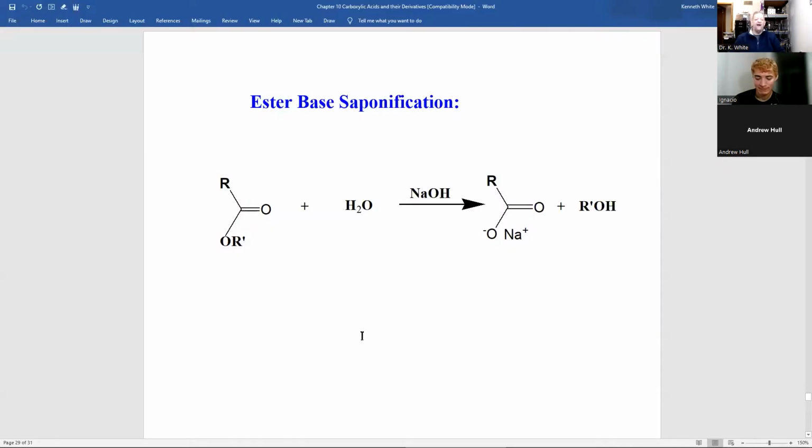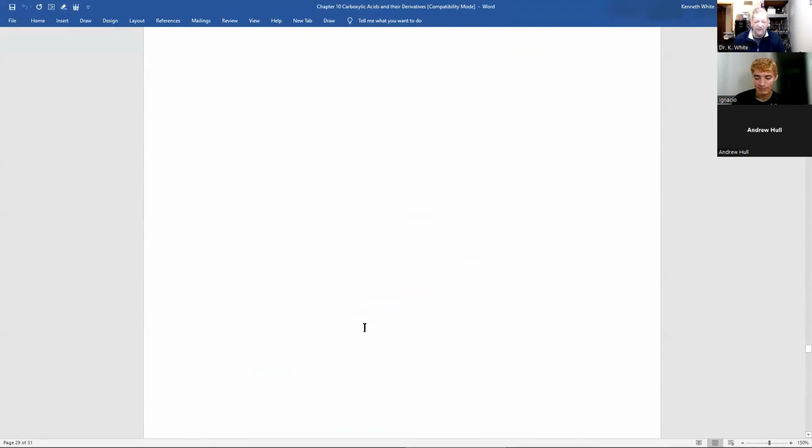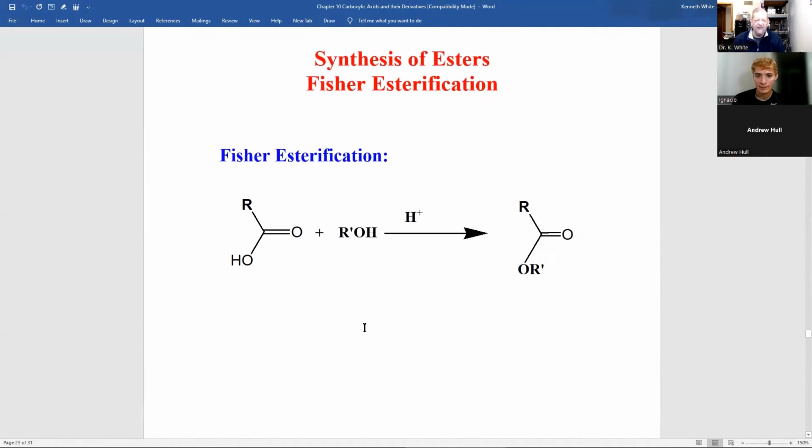All right, on Monday, let's just back up a little. We went through how you make an ester. Remember, an ester is an R group to a carbonyl, carbon double bond oxygen, with an oxygen, and on that oxygen we have R prime.